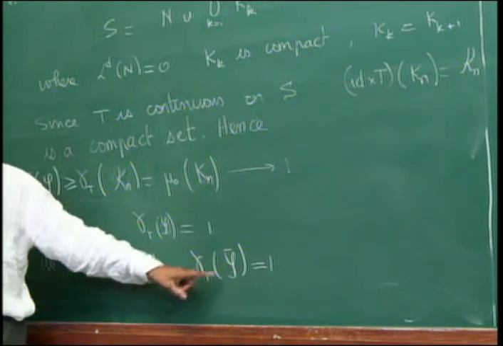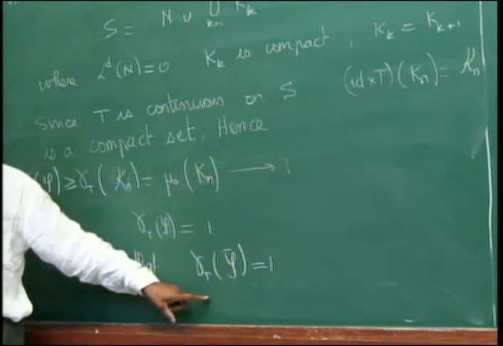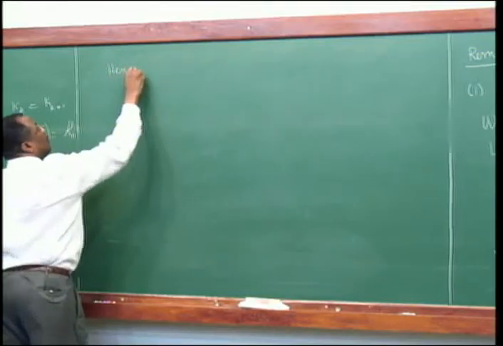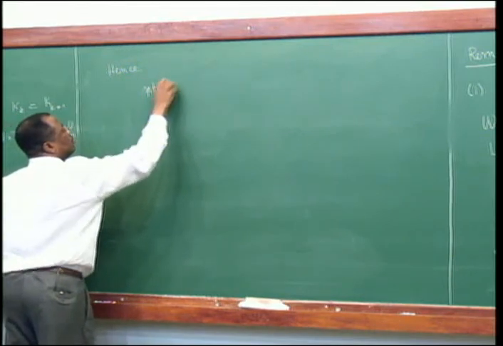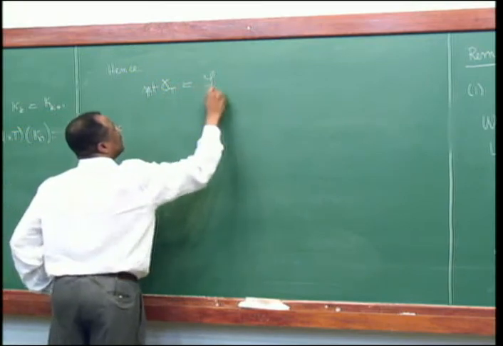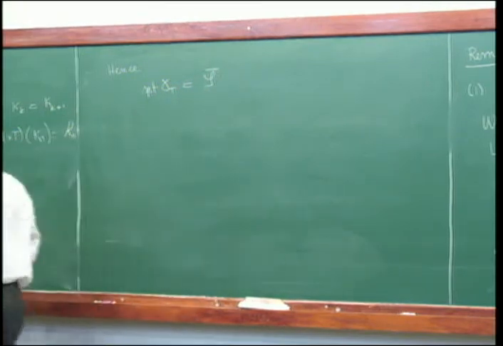S bar is a closed set of measure 1. Therefore, S bar contains the support of gamma t. Hence, the support of gamma t is contained in S bar.